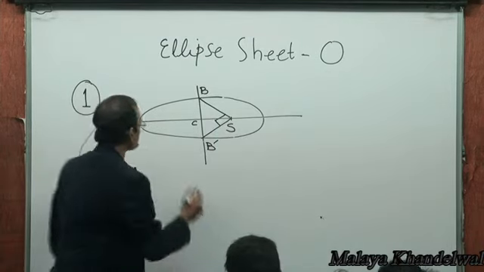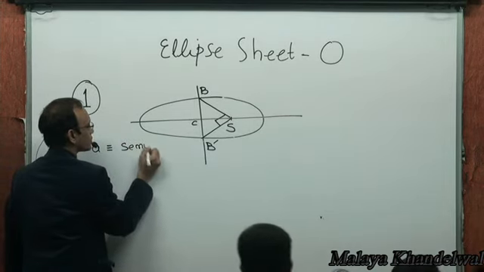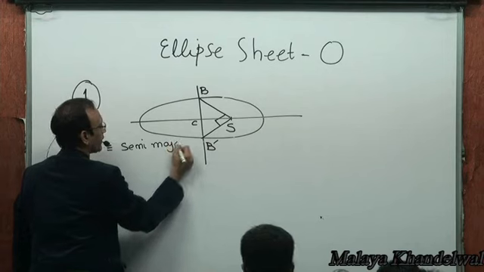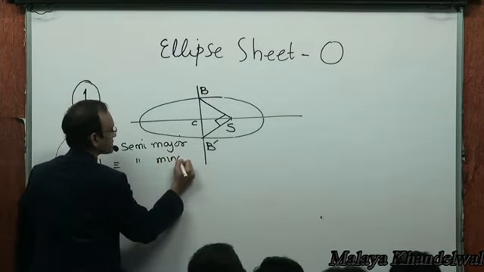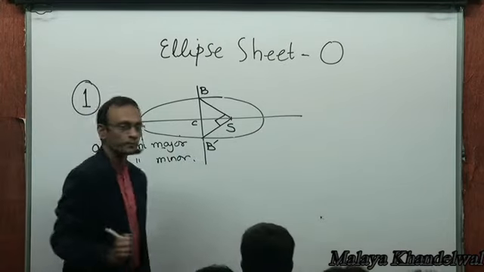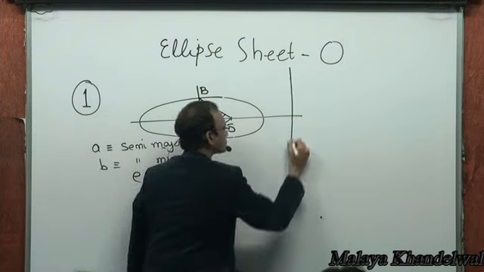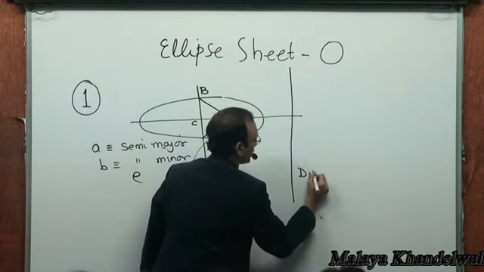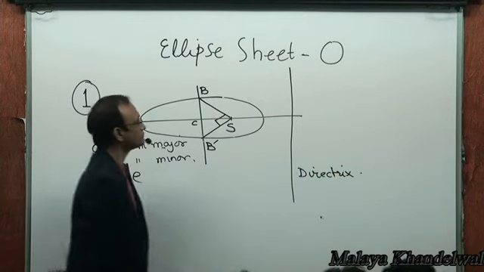Clear? So let us assume that A is the semi-major axis and B is the semi-minor axis of the ellipse, as is customary. E is the eccentricity of the ellipse. Now, this is the directrix of the ellipse, right?